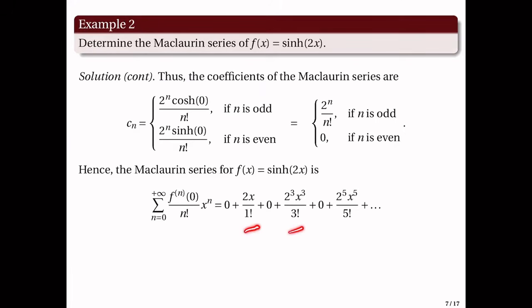Here, when n is 3, we have 2 cubed over 3 factorial, and so on. Okay? So ngayon, gusto nating i-express ito as some Maclaurin series. Observe that yung mga non-zero terms natin ay yung terms such that yung exponent ni x ay odd, no? So to generalize this, we can write this as this.